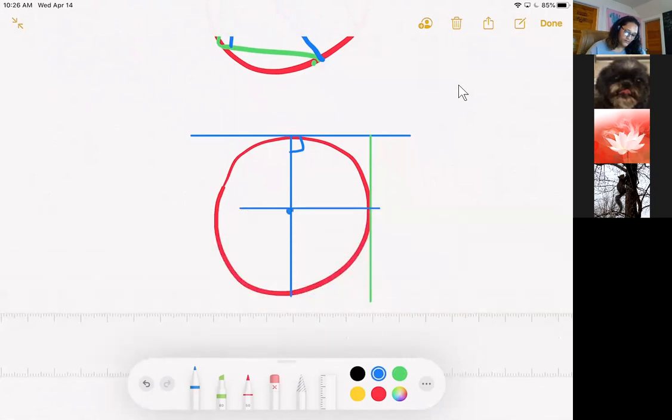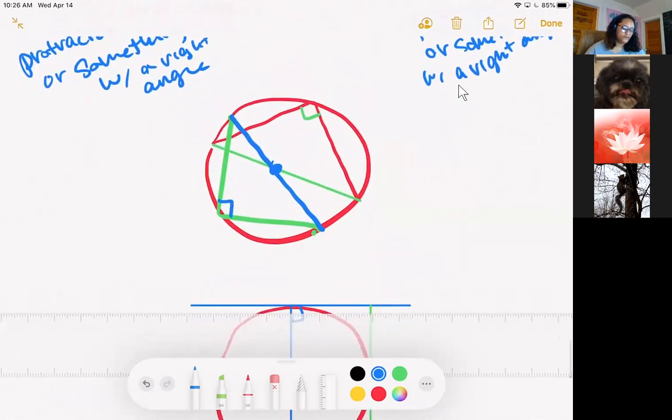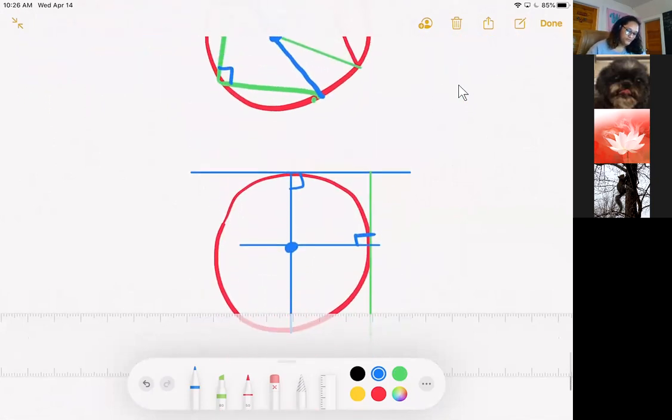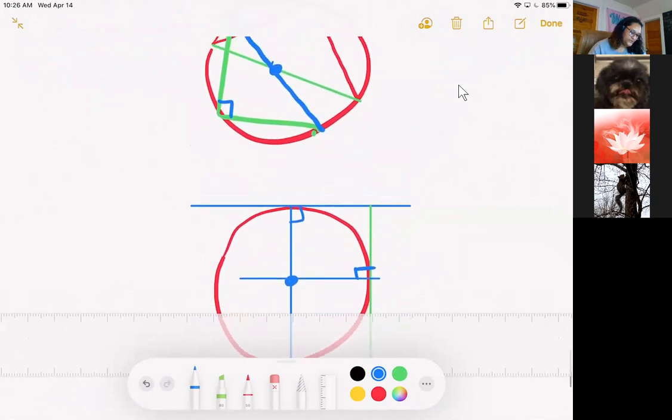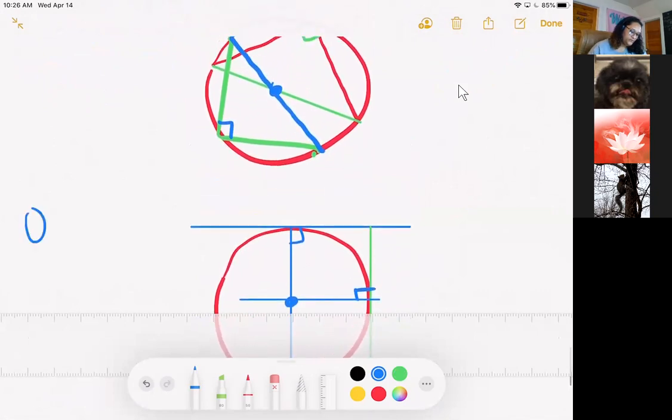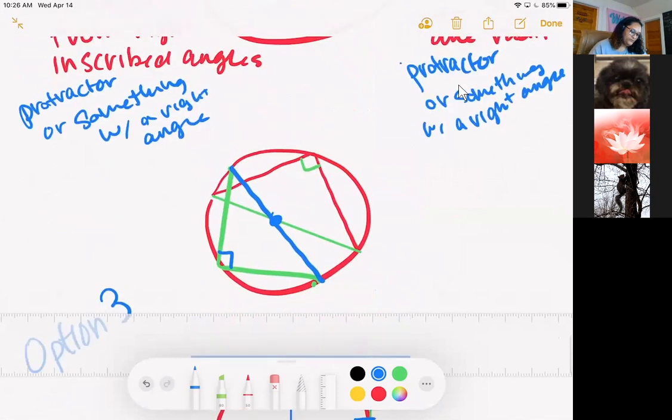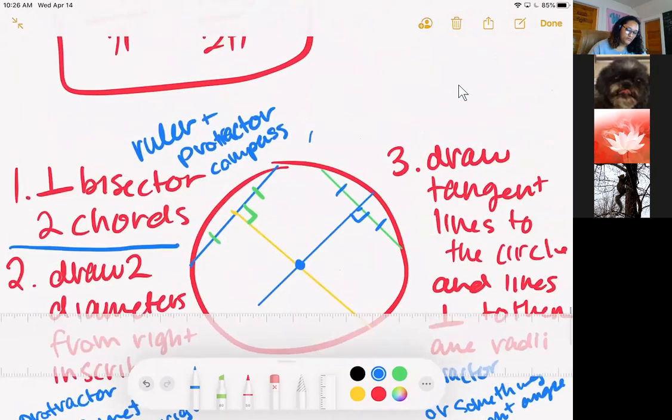And it should be the center. So this is option 3. Option 2. And option 1.